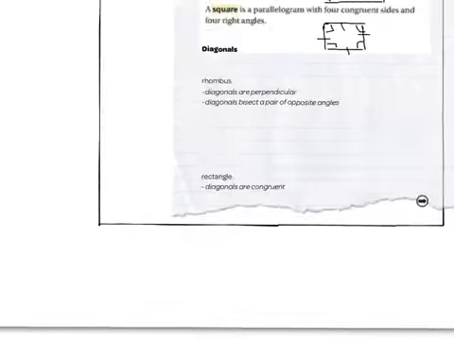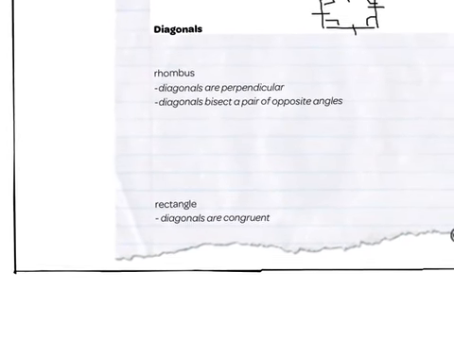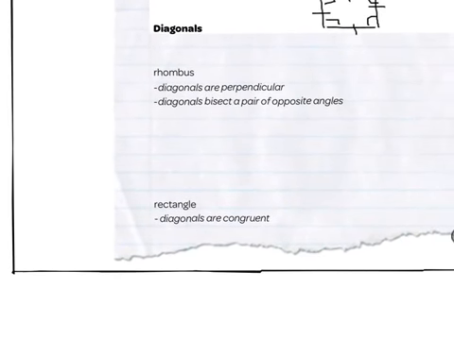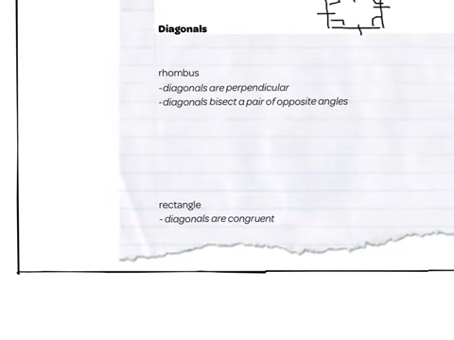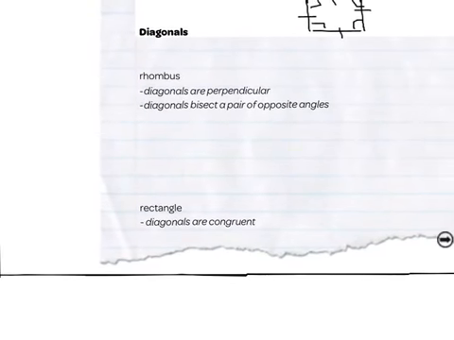So let's talk about the diagonals, the actual diagonals of these figures. If we look more closely at a rhombus, let's draw one here.